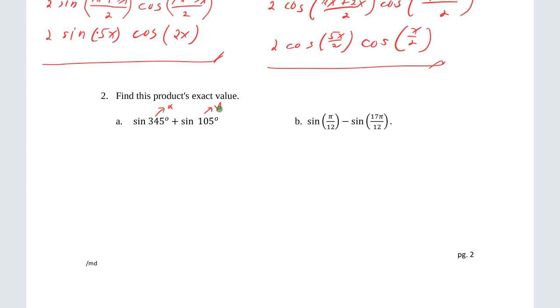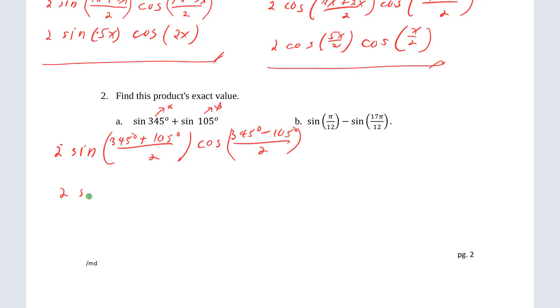With this, I will be using the sum formula for sine. So we have 2 sine of (345 degrees plus 105 degrees) over 2, and then cosine of (345 degrees minus 105 degrees) divided by 2. Then we will be simplifying this now.